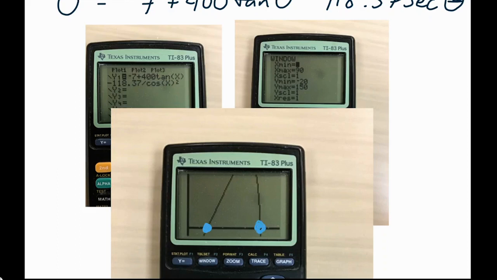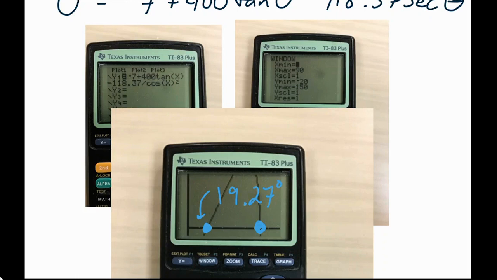So if we use the trace button or maybe even the 0 command, left bound, right bound, we end up getting an x value, which remember is the same as theta, of about 19.27 degrees. Now that would be the smallest angle that you have to hit the baseball in order for it to travel 400 feet and also get a height of 10.